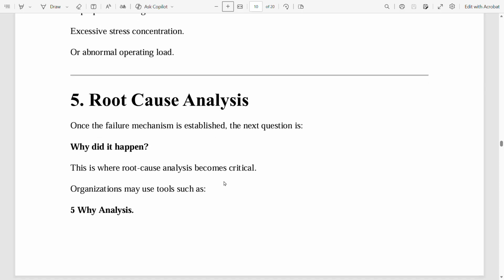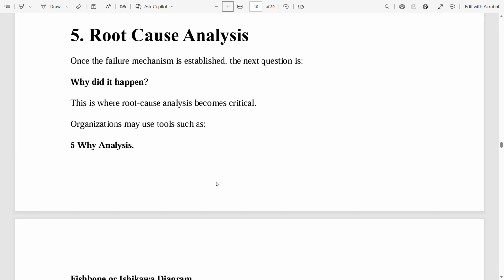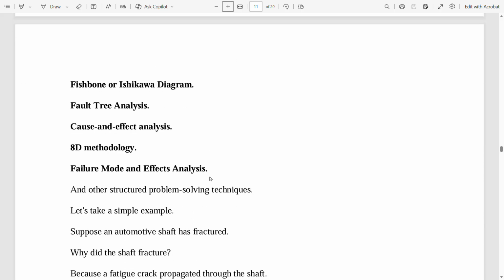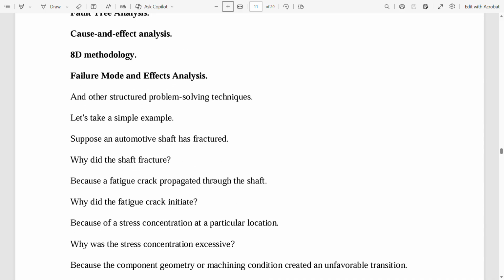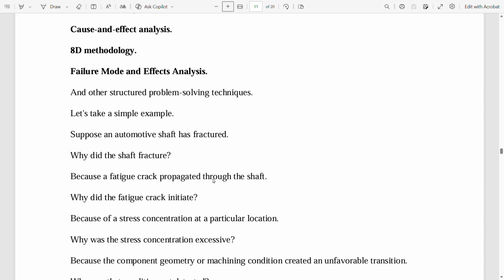Once the failure mechanism is established, the next question is why did it happen? This is where root cause analysis becomes critical. Organizations may use tools such as 5 why analysis, Fishbone or Ishikawa diagram, fault tree analysis, cause and effect analysis, 8D methodology, failure mode and effects analysis, and other structured problem solving techniques.